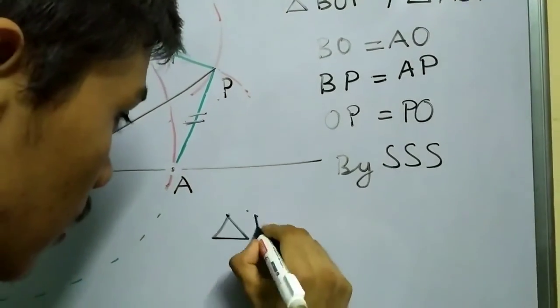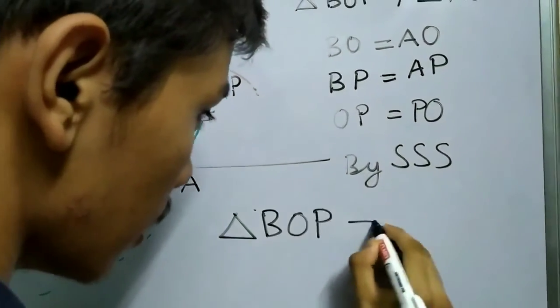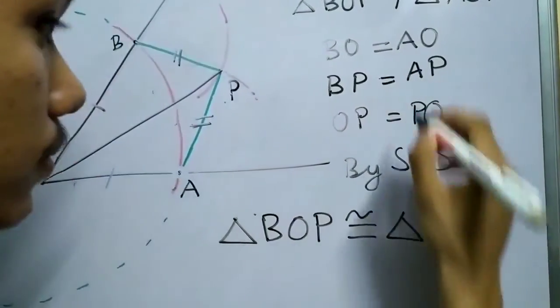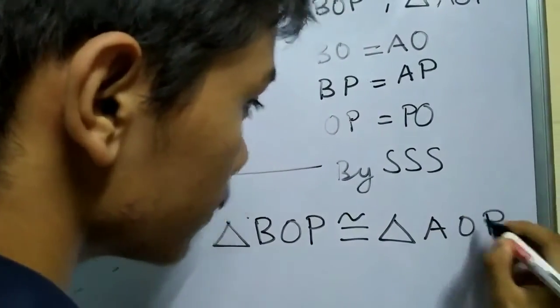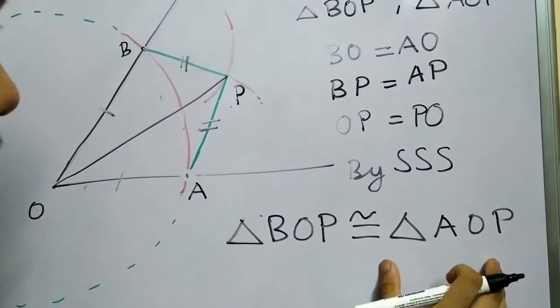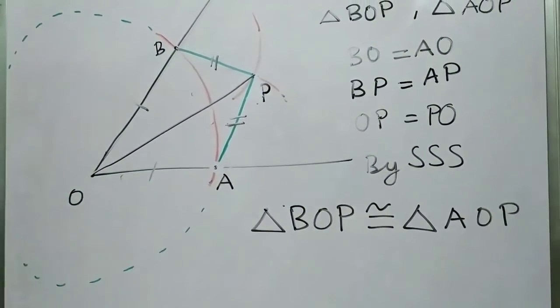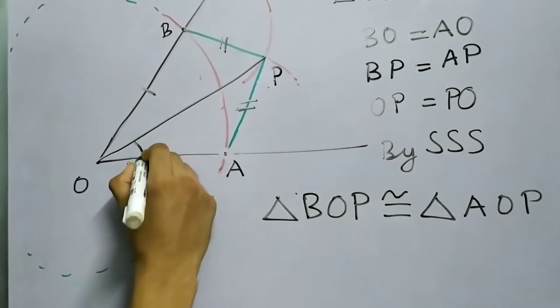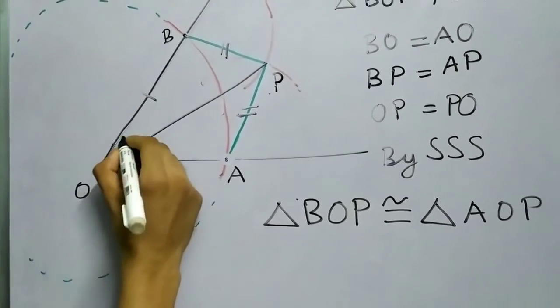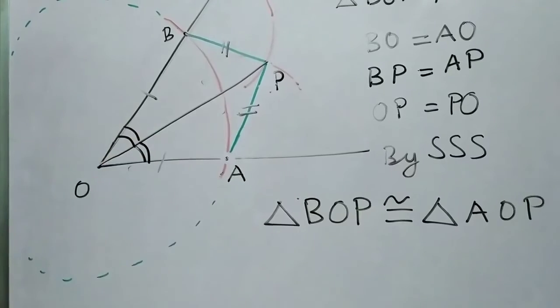The triangle BOP is congruent to triangle AOP. Now, if these two triangles are congruent, this means that their corresponding parts must be equal, or this angle will be equal to this one.